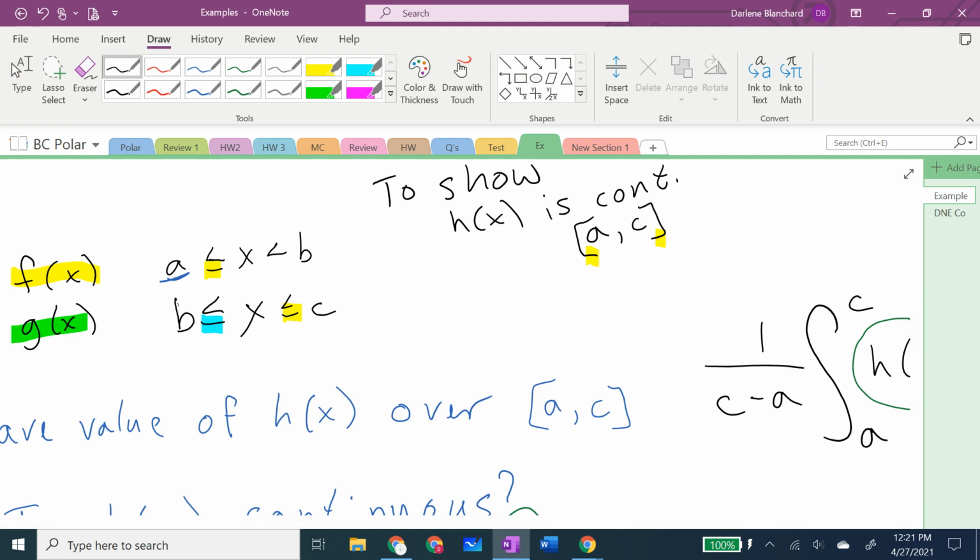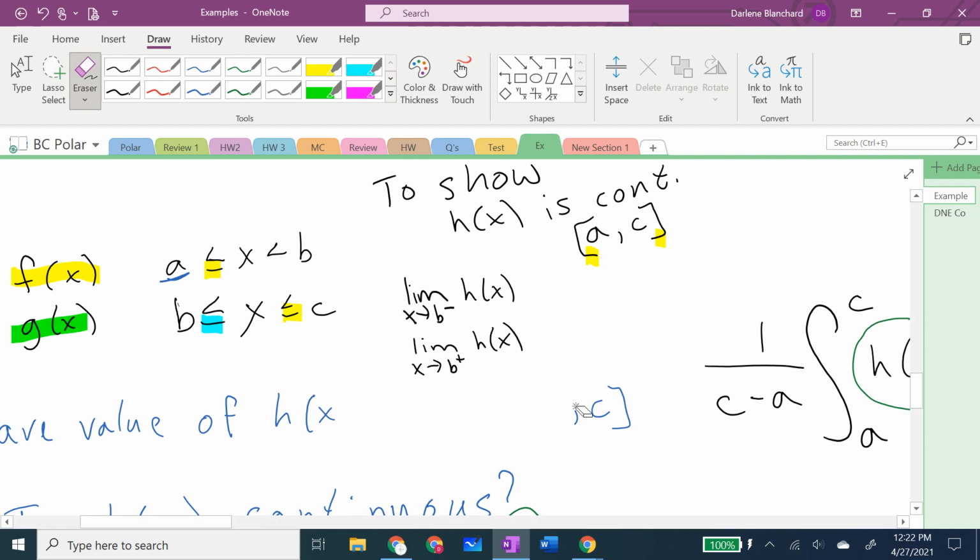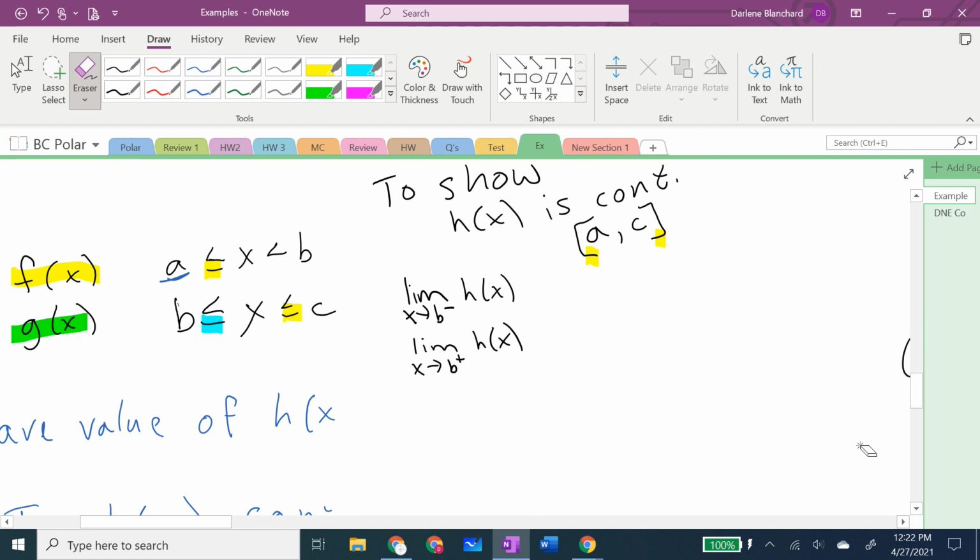You need to express the limit as x approaches b from the left, the limit as x approaches b from the right, and one other thing that a lot of people forget to bother with. What's the one other thing that needs to be said? h of b. To be continuous, all three of those need to be found and said to be equal.